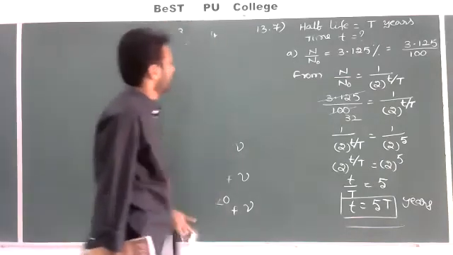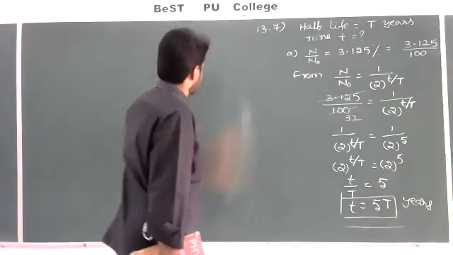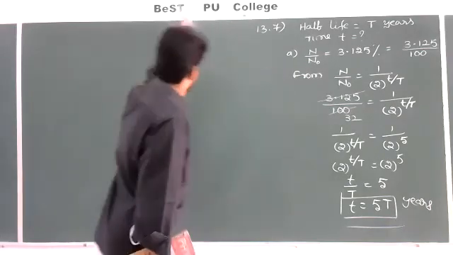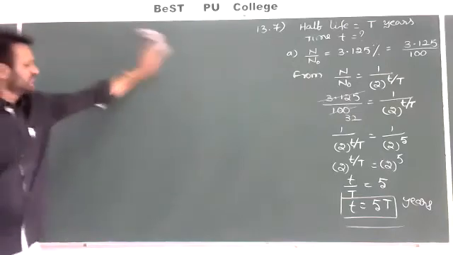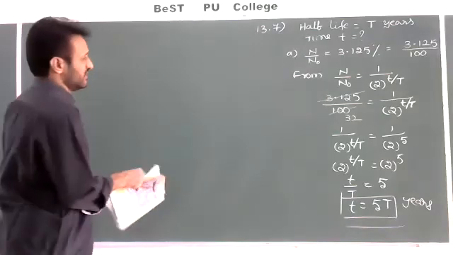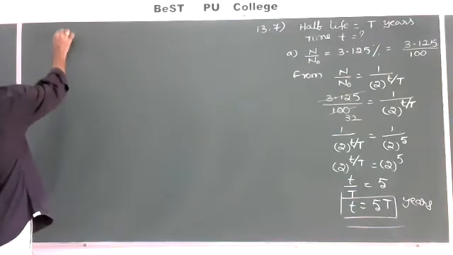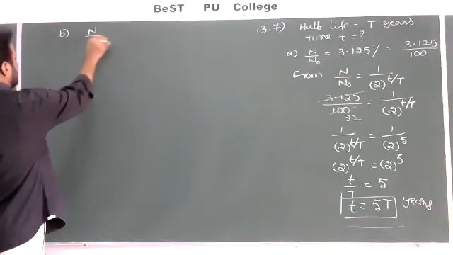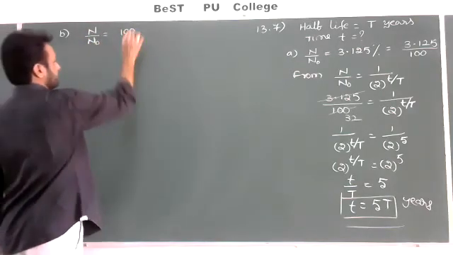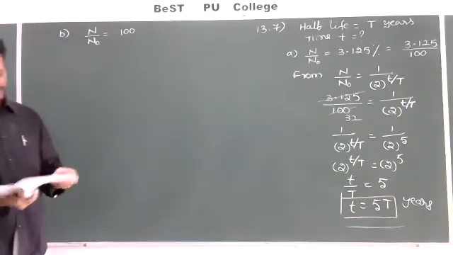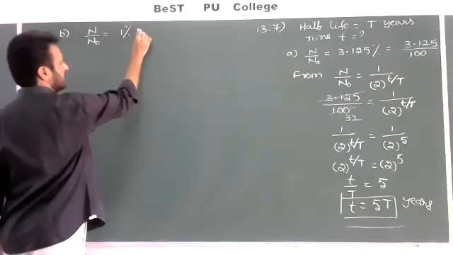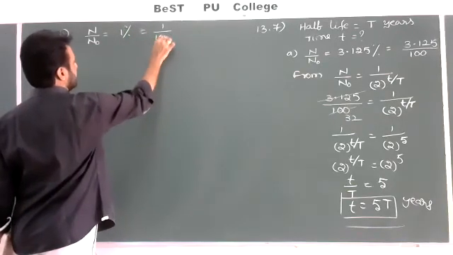One more question they gave. I'll give it, but try it yourself later. So for part B, I'm just writing it here, and you may try it yourself later. N by N naught is equal to 1%, which is 1 by 100.